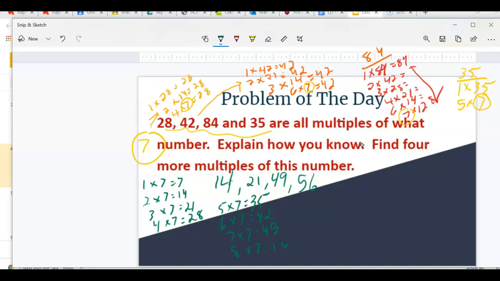So we've already got the 28, which is right here. The 42 is right here. 35 is right here. And 42, 49, 56 are additional. Okay?